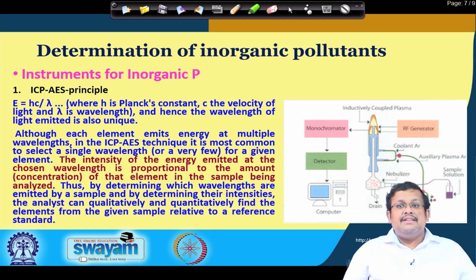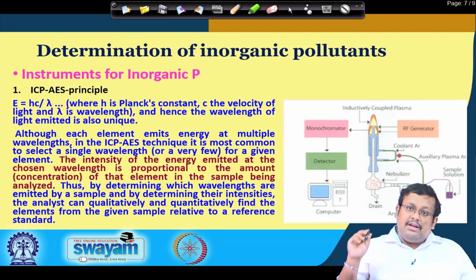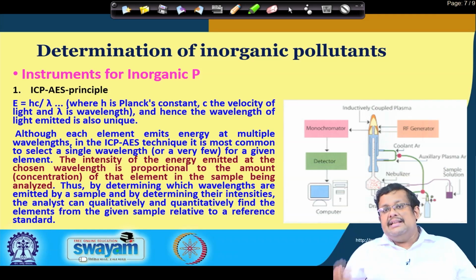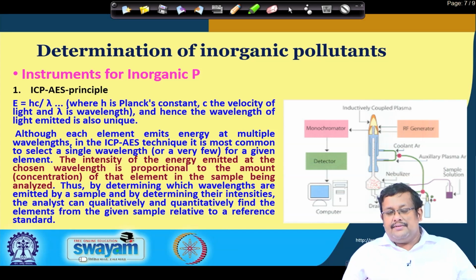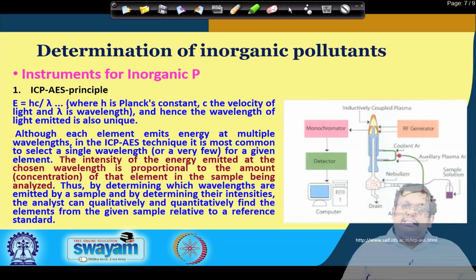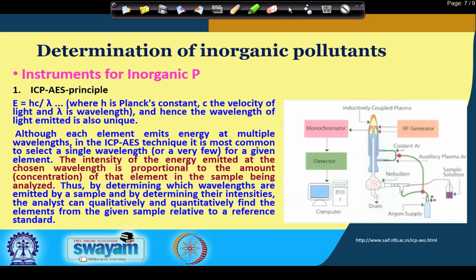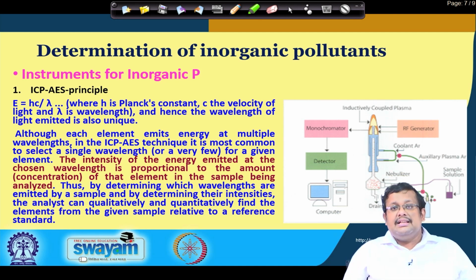So, when we measure a reference standard and see the particular wavelengths at which we get the emitted energies and also their intensities, we can measure which element is present and what is its concentration. So, this is basically the principle of ICP-AES. This is a very sophisticated technique and it is also very precise, dynamic and accurate.